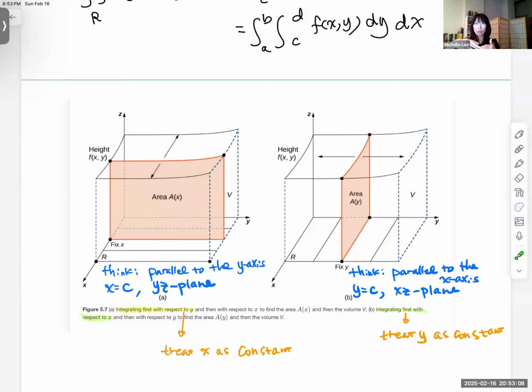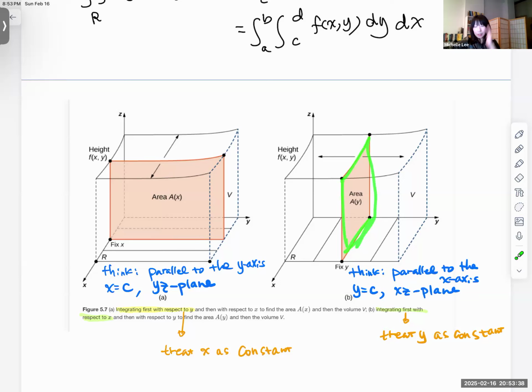How do we do it? We treat x as a constant, right? So same as here, let's take a look. Integrate first with respect to y. That means we treat x as a constant. So x is constant there, right?